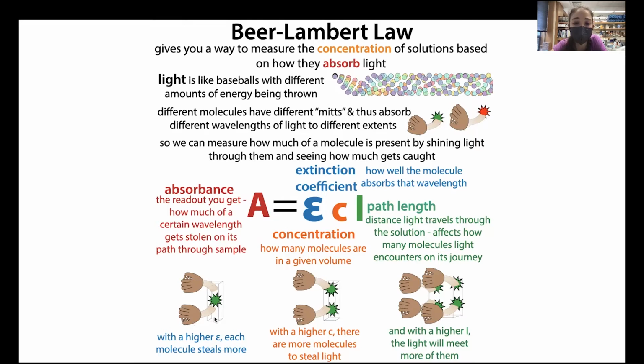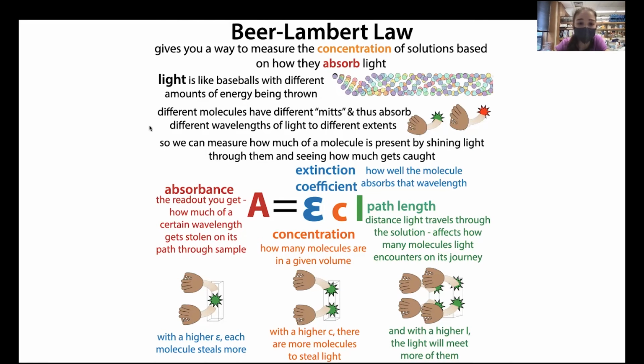If you have a higher molar extinction coefficient, or sometimes called molar absorptivity, the higher this epsilon is, the more each molecule is going to steal. You can think of it as the probability that it's going to catch the light. If you have a really bad catcher, the light can hit it and it still just drops the ball. So the better the catcher is, the higher the molar absorptivity.